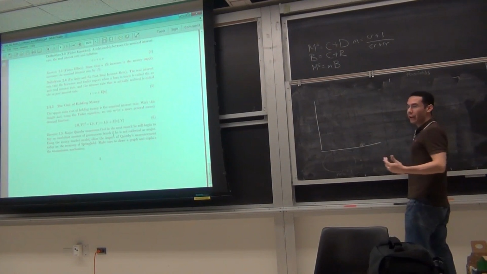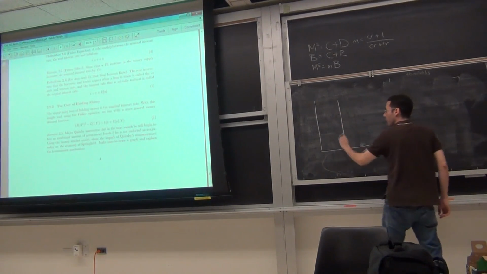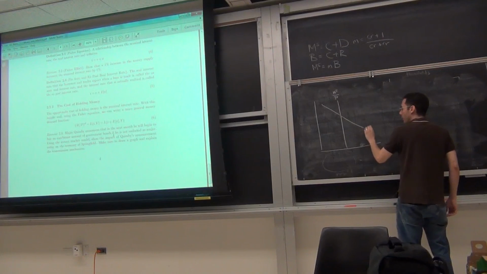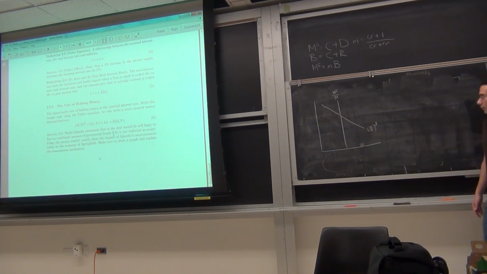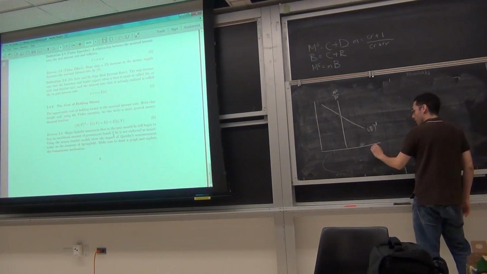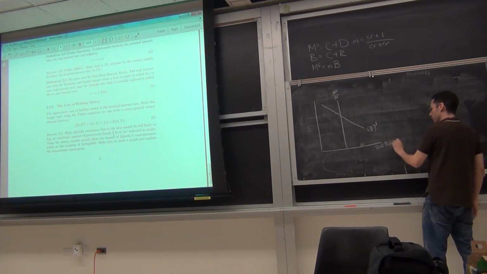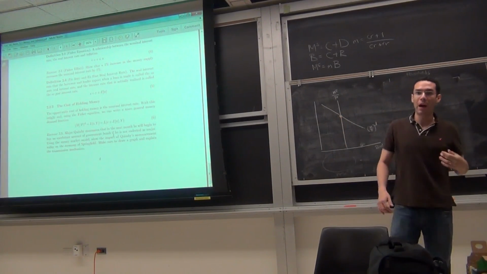So finally I have my graph of the money market. My graph of the money market is going to include my real money supply and my demand for real balances, right? And what is the opportunity cost? What's the price of holding money?